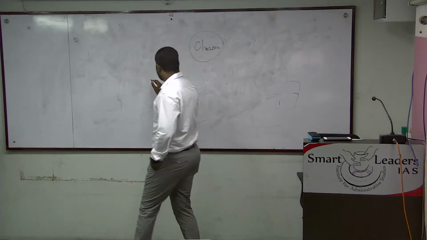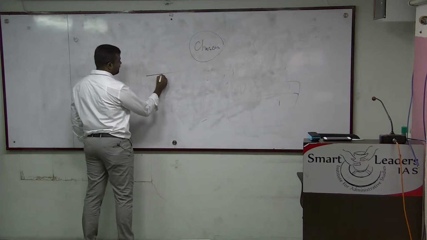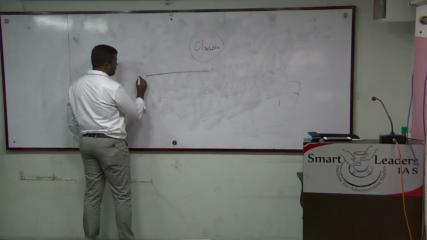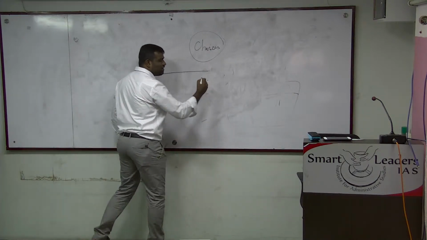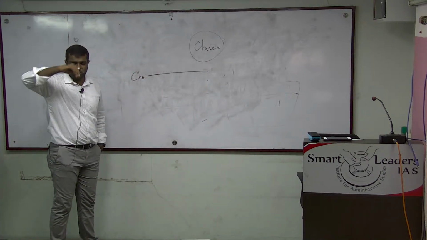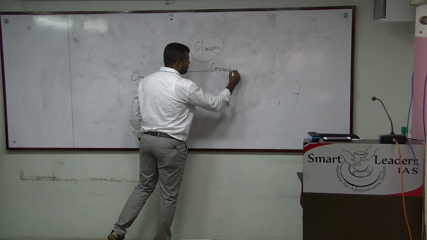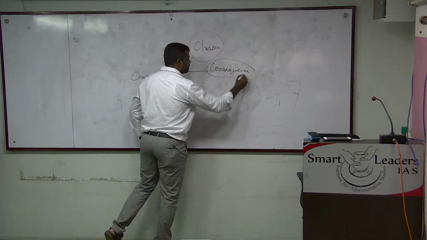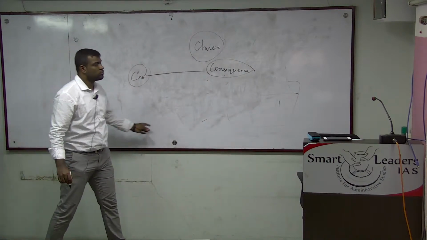See, always there is a principle that there is a choice, and if you perform that choice, it will certainly lead to a consequence. There will definitely be a consequence. If you take a choice, it will lead to a consequence.